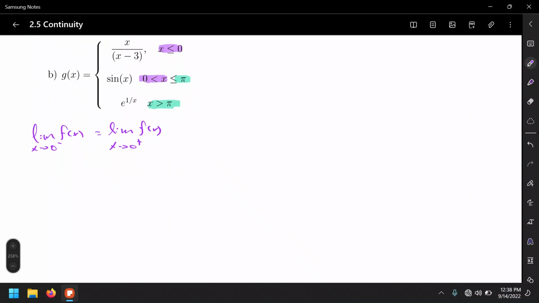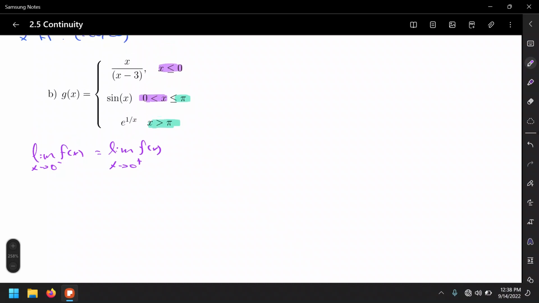Now, our center for now is the number 0. From the left of 0, we're going to define the piece x over x minus 3. However, from the right, we are going to define the sine function.